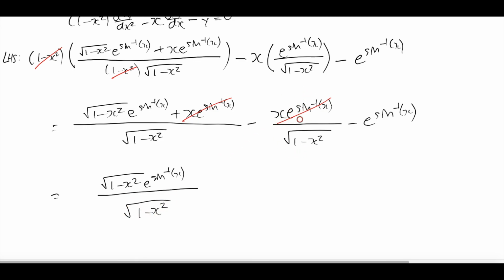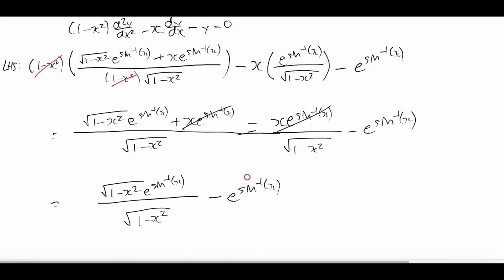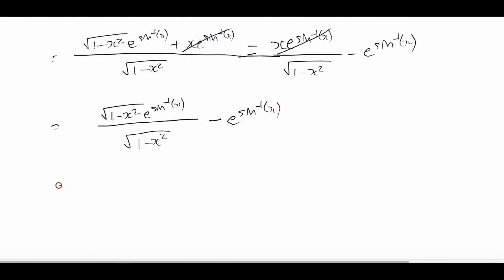And then that's minus e^(sin inverse of x), and you can already see it, hopefully. So this cancels out, root 1 minus x squared divided by root 1 minus x squared, and you're left with e^(sin inverse of x) minus e^(sin inverse of x), which gives us a 0.